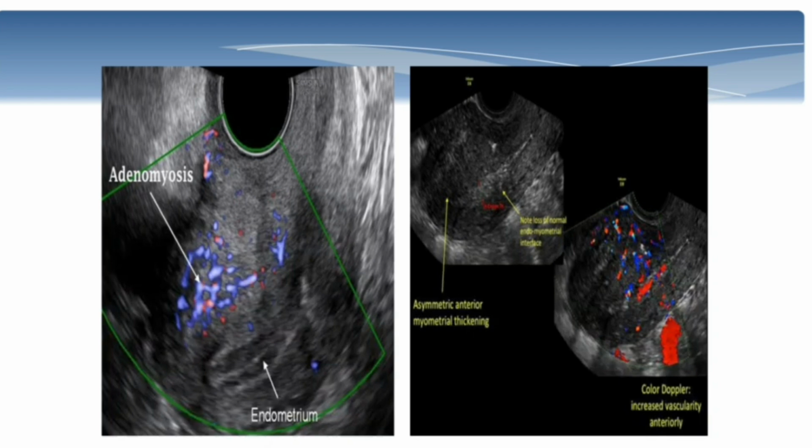Okay, this is the color Doppler. If we apply color flow to the adenomyotic lesion, we will see increased translesional vascularity. This is the adenomyotic tissue, and that is the increase of translesional vascularity on color Doppler in adenomyosis. This also shows the same increased vascularity on color Doppler.